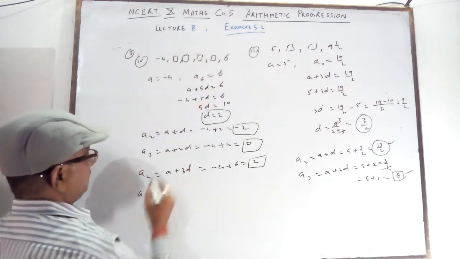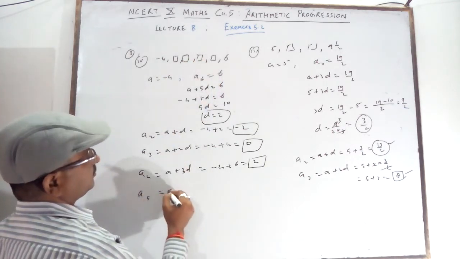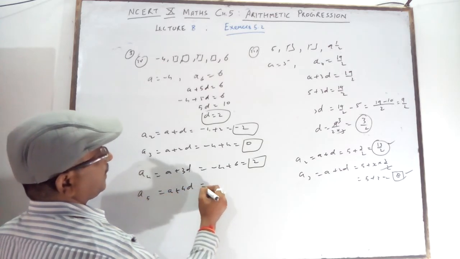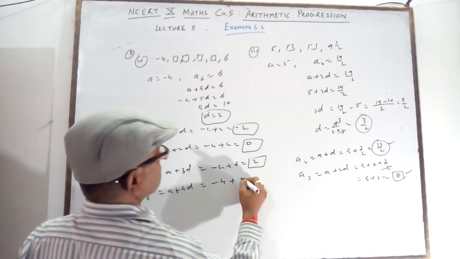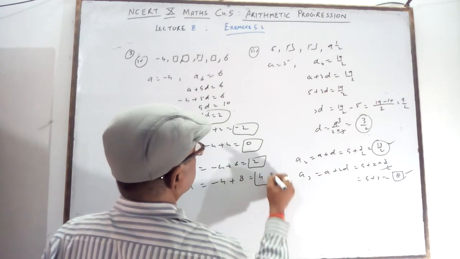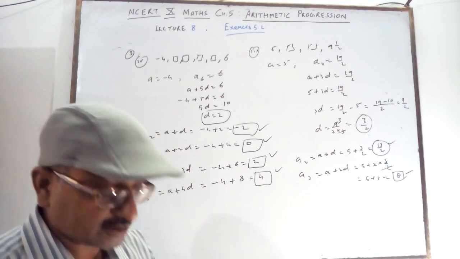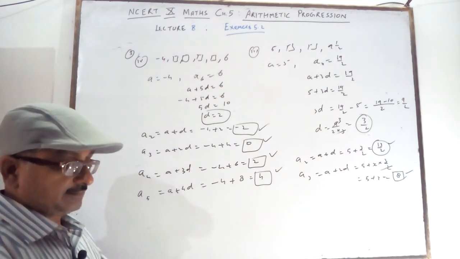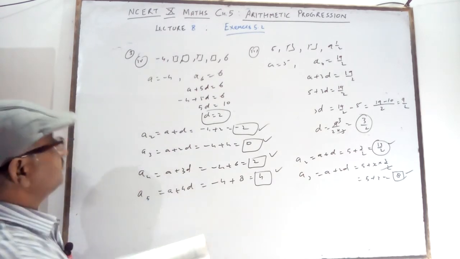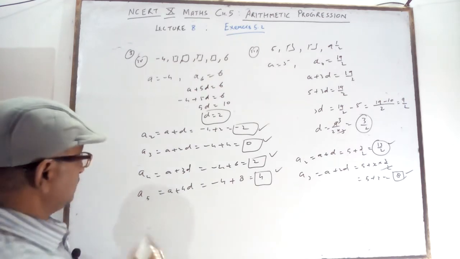A5 is equal to A plus 4D, that is -4 plus 8, 4. So these are your answers which you will fill in the boxes. Like this you get the last part of this fourth part. The fifth part you will see.